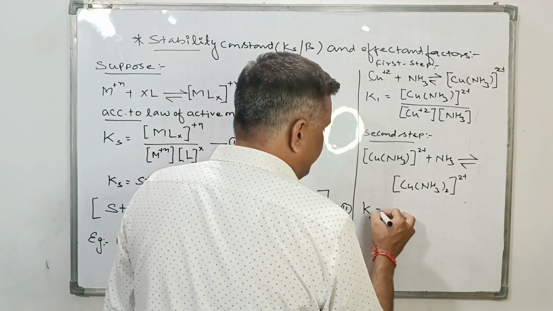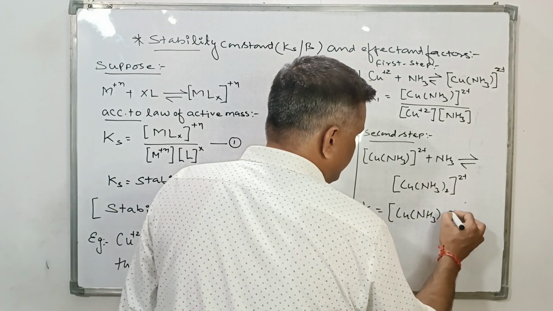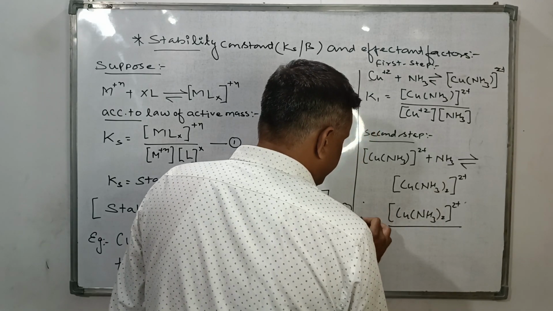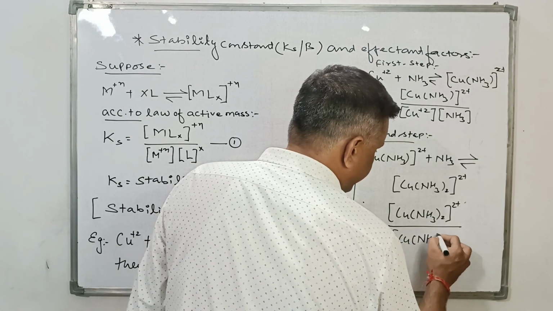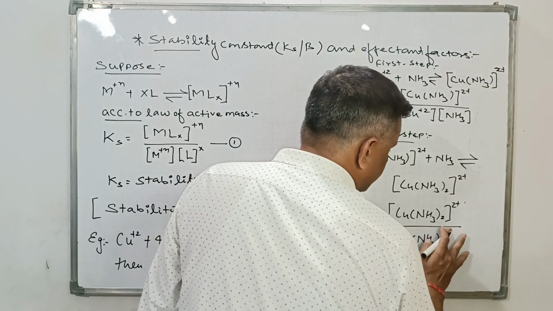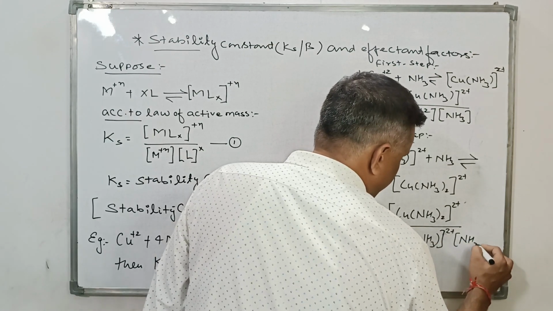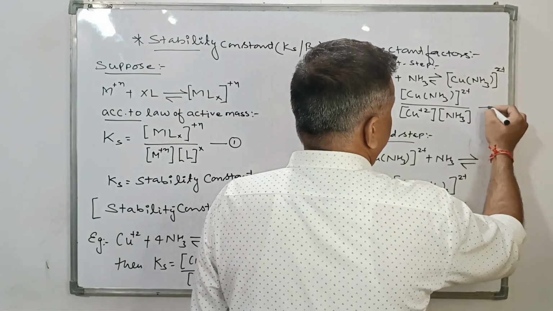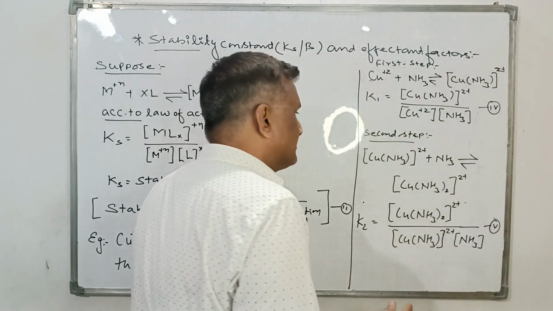Now the value of K2 will be Cu(NH3)2 2 plus upon Cu(NH3) 2 plus and one NH3. In that case, this will be equation number 4 and this will be equation number 5. This was about the 2 steps.